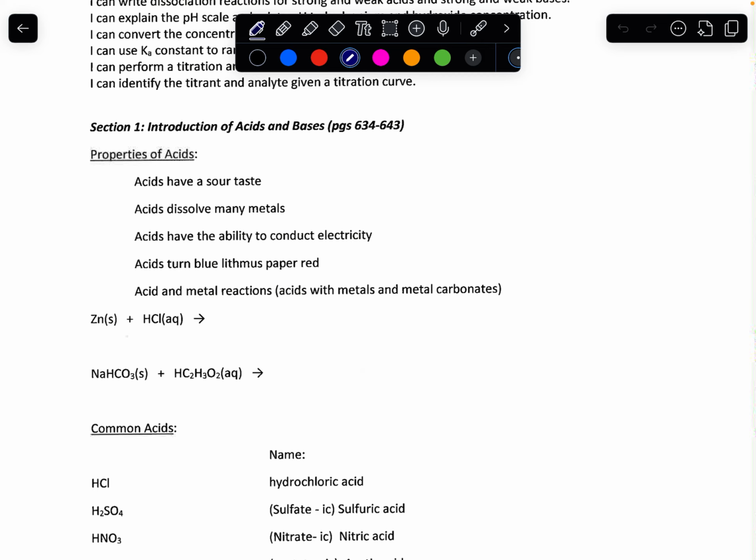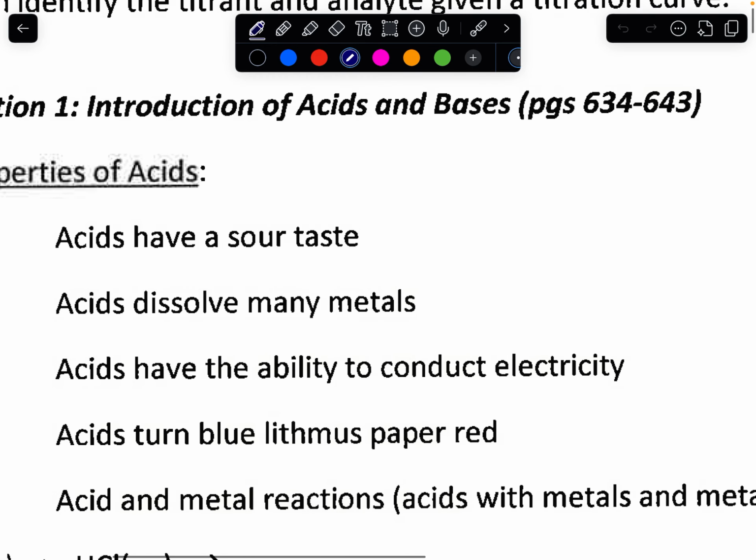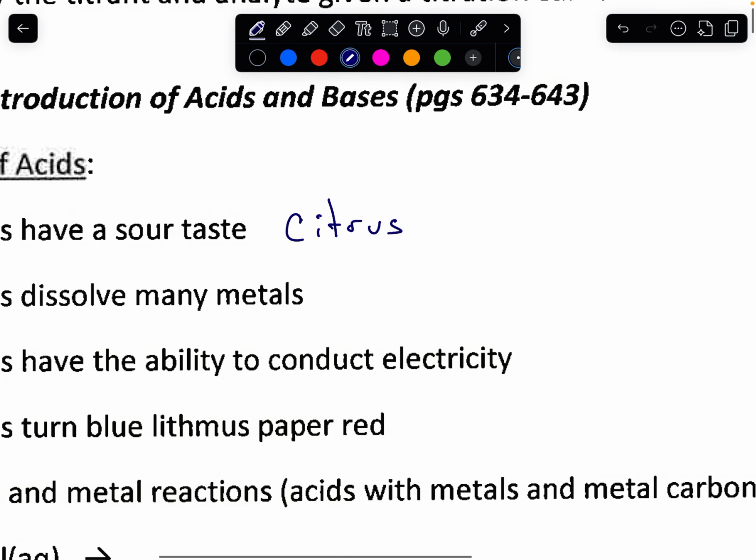Starting off with some acids. Some of the main properties that we need to be aware of, to be able to identify acids by, we have here. Number one, acids have a sour taste. We have a lot of acids in the foods we eat. Things like any kind of citrus, oranges, lemons, grapefruits, they all have citric acid in them.